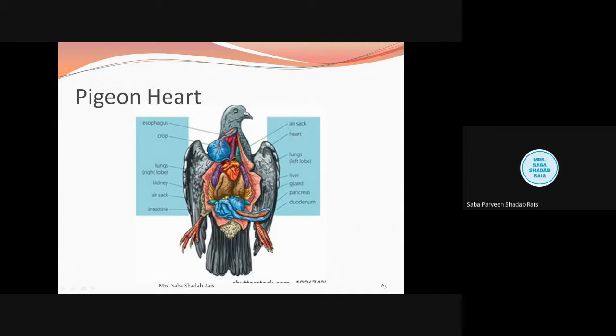Now when we talk about the shape, yes, it's conical in shape, and when we observe its base, it has a broad base, or you can say the anterior part is the base.